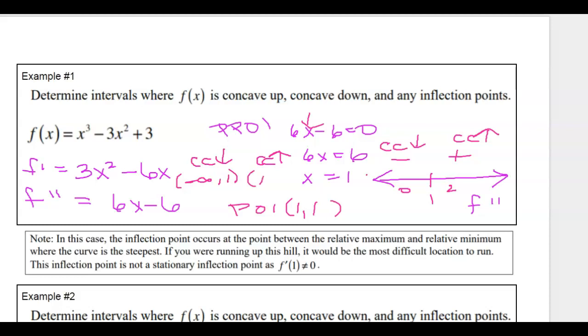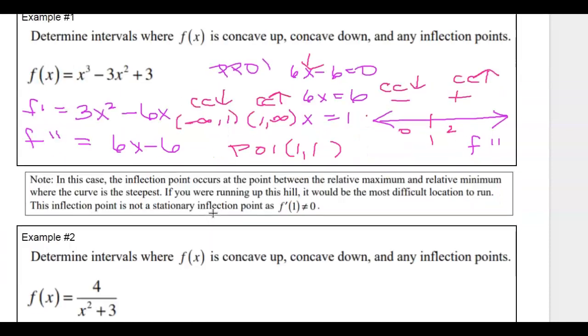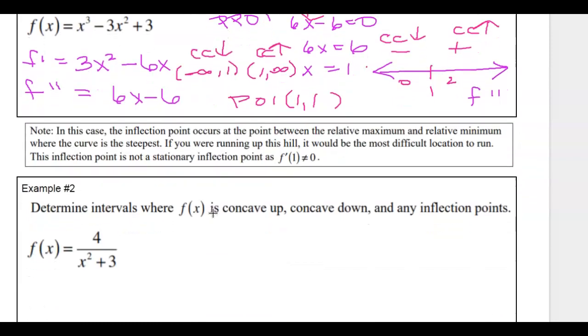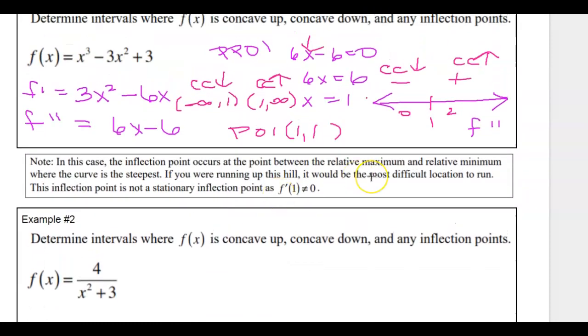Once again, the AP and myself, we don't distinguish between if you use a bracket or not, but it makes more sense to me to use a parenthesis because I'm really not having any curvature at 1 since my second derivative is equal to 0 there. So we don't know this because we didn't find our max and min, but it actually occurred between the max and min on this polynomial.